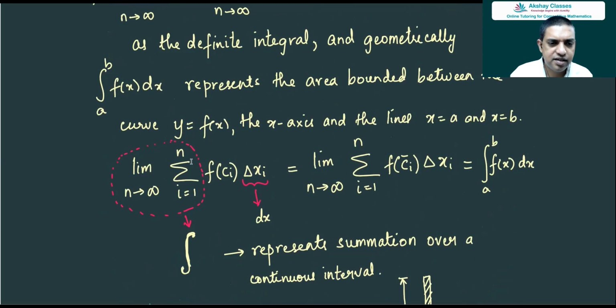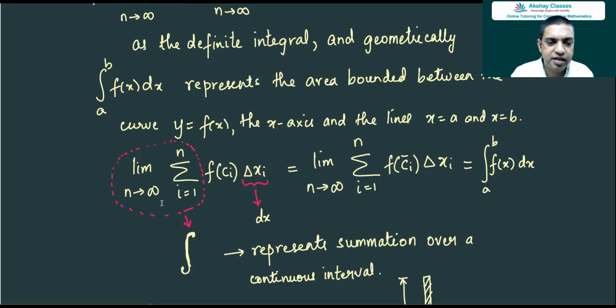We discussed that this sigma notation, sigma of i equal to 1 to n, is used for discrete terms. However, this integral sign, which is an elongated s, represents summation over a continuous interval.